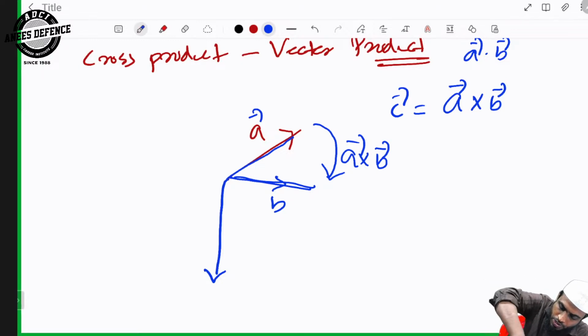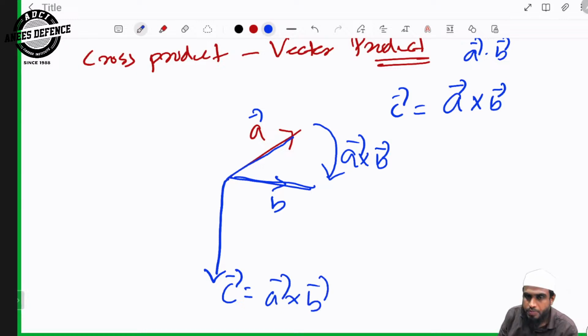With A cross B, you are tightening the screw, so the screw will be going inside. So this will be C equal to A cross B.